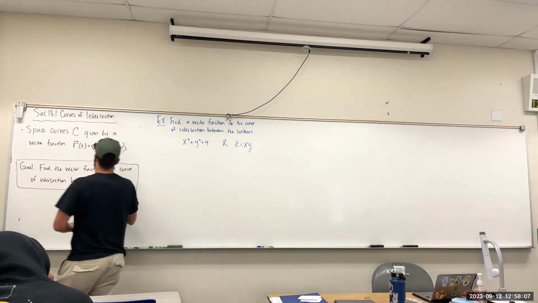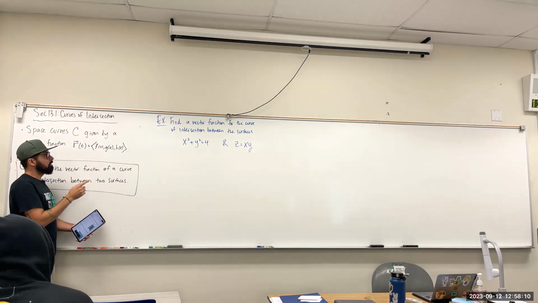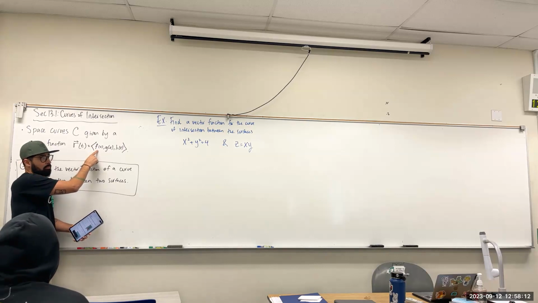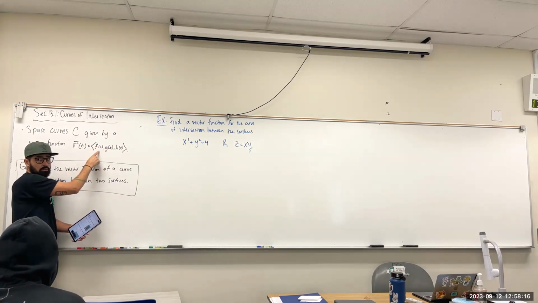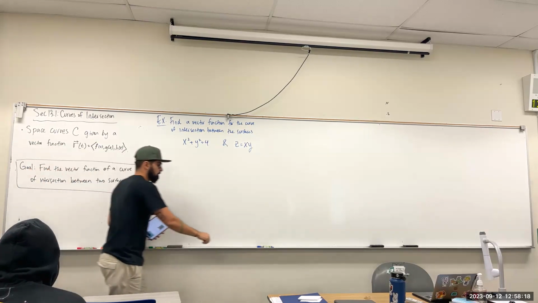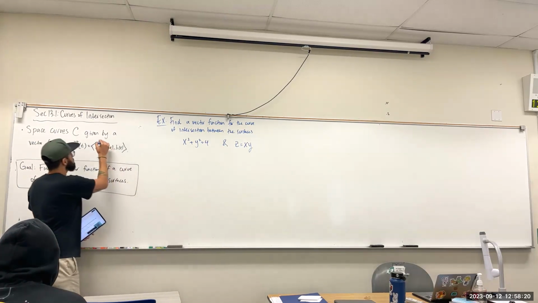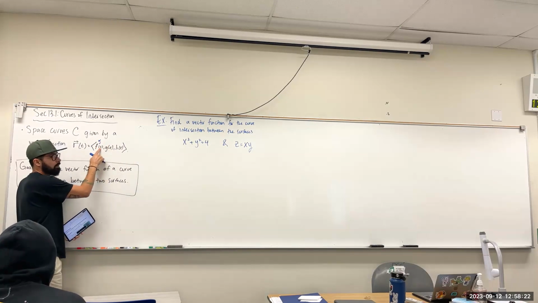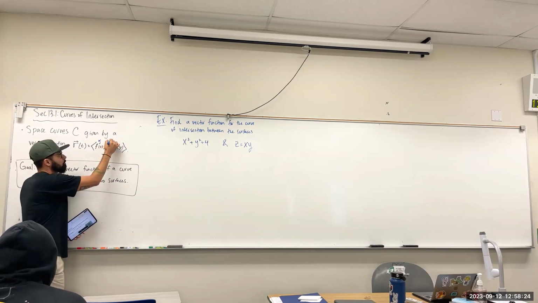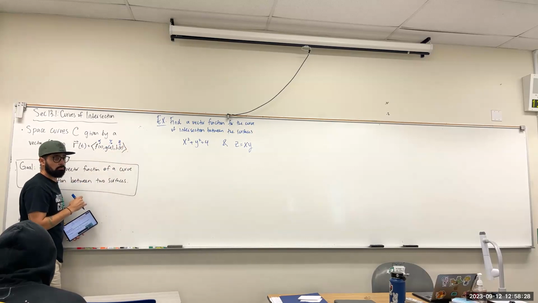What does that mean? I need to find a way to write the x coordinate as a function of one variable. And if I can find x in terms of one variable, then I want to be able to find y and z as functions of that same variable as well.